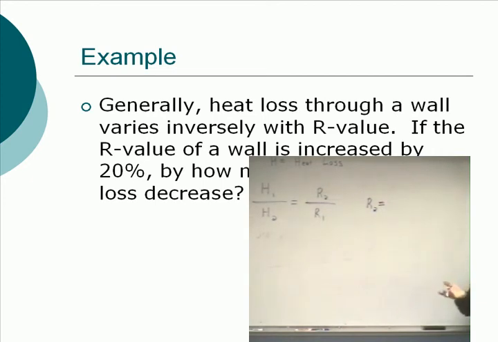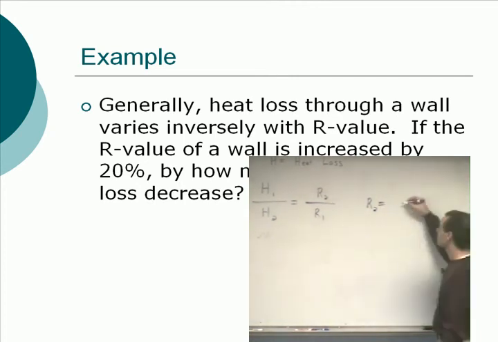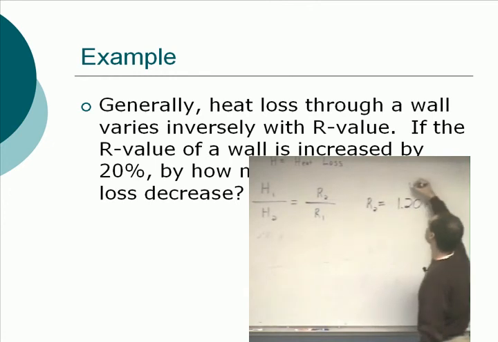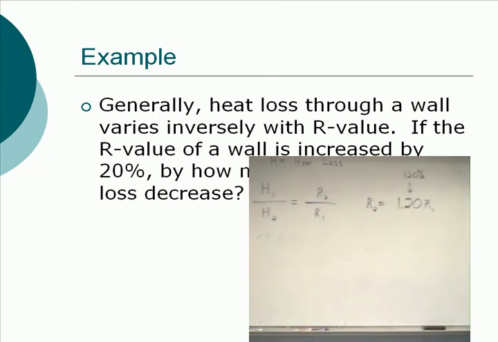How do you write a 20% increase? 120%, or in other words, 1.20 R1. That's 120%. Our new R value is 1.2, or the original R value plus another 20% of the original R value.